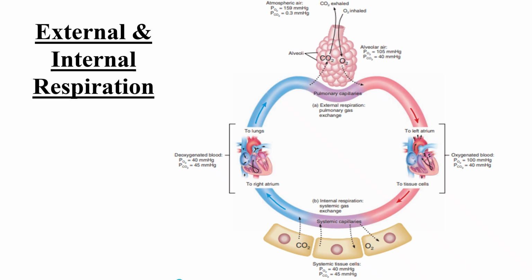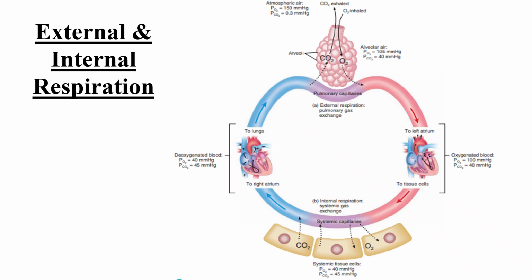And the next one is the internal respiration. Internal respiration is defined as the exchange of gases between systemic capillaries and tissue cells, and it occurs in tissues throughout the body. Here also partial pressure is acting.